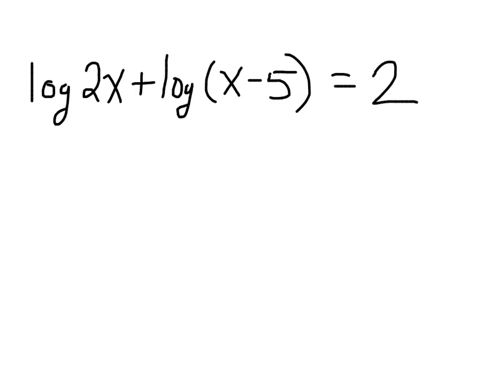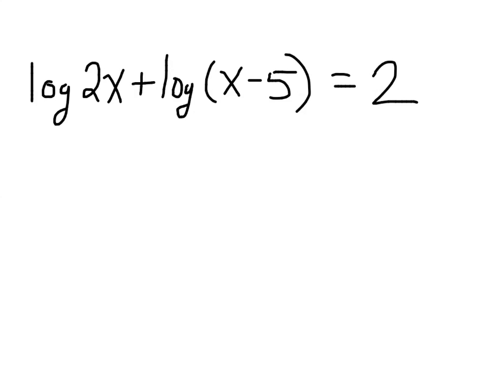Okay, this one now, this is probably the harder ones that you're gonna see today, are ones like this that say log 2x plus log x minus 5 equals 2. Now, first of all, we need to write it like we did the last problems, but the big but in this problem is there's 2 logs and not 1.